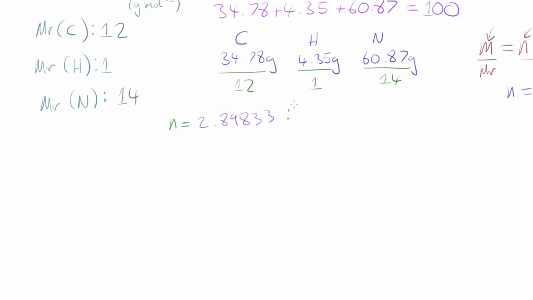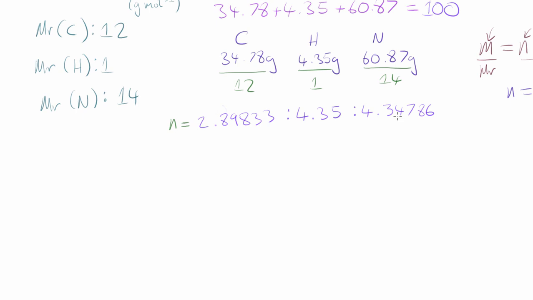I mean, you're dividing something by 1. And for nitrogen, you're getting 4.34786.